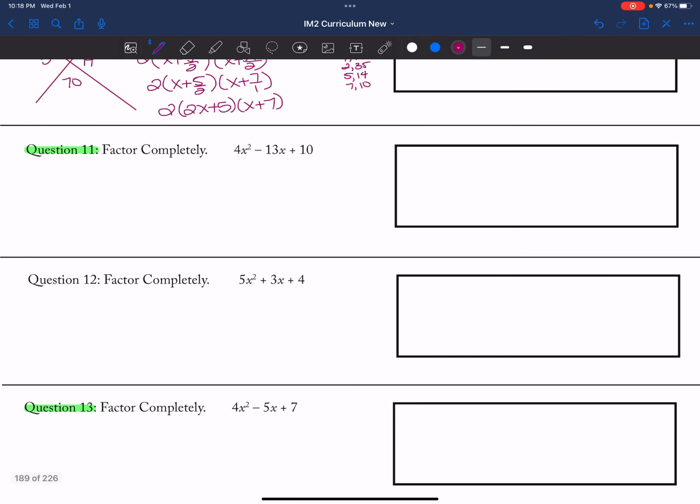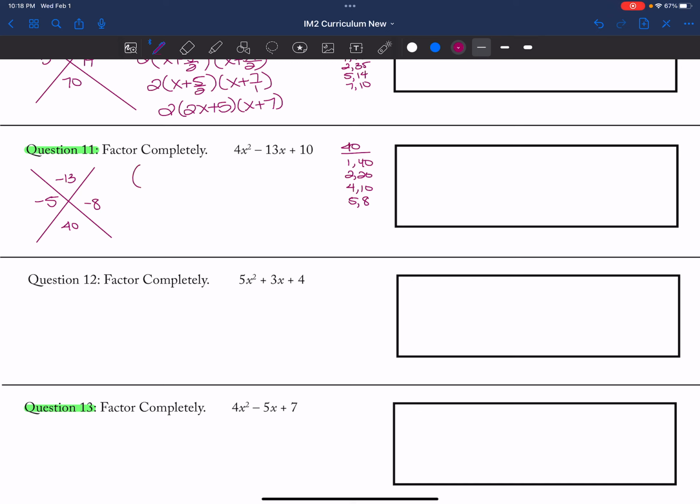Okay. Moving along again. So draw my x, negative 13 on the top, 40 in the bottom. So factors of 40: 1 and 40, 2 and 20, 3, 4 and 10, 5 and 8. So a negative 5 and a negative 8.